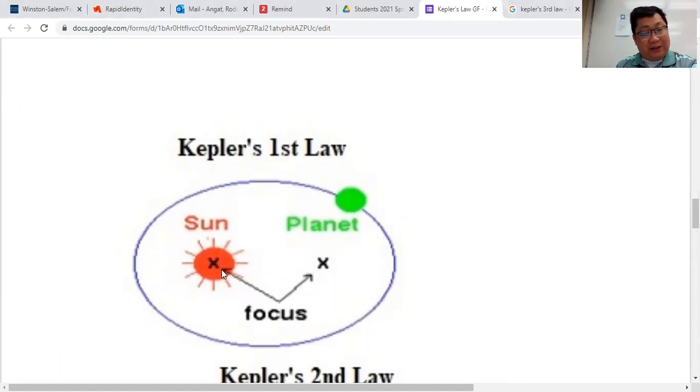Now, this is the sun, and this planet can be Mercury, Venus, Earth, Mars, Jupiter, Saturn, Uranus. The orbit is elliptical, but the level of eccentricity is not always the same. Some are more elliptical than others. Again, Kepler's first law states that the orbit is elliptical.